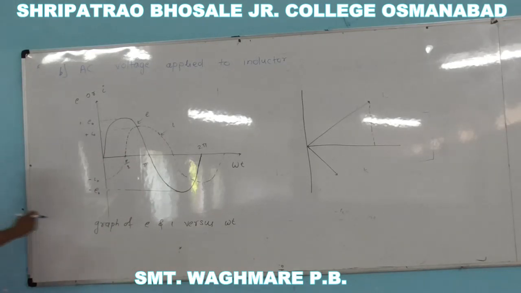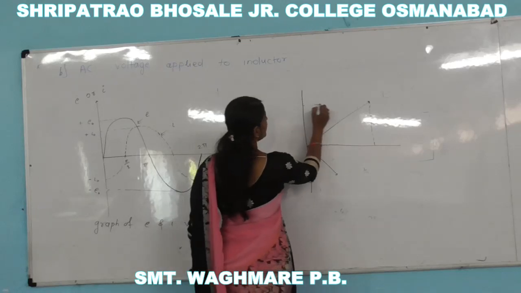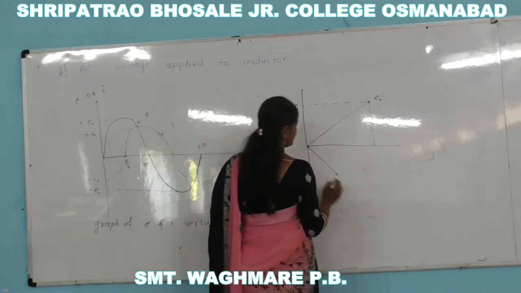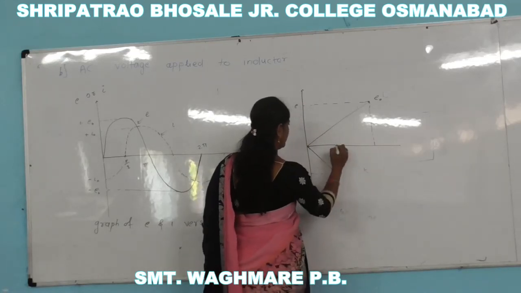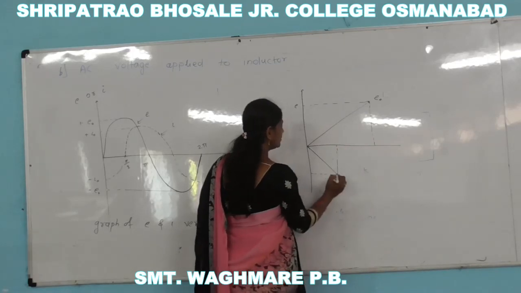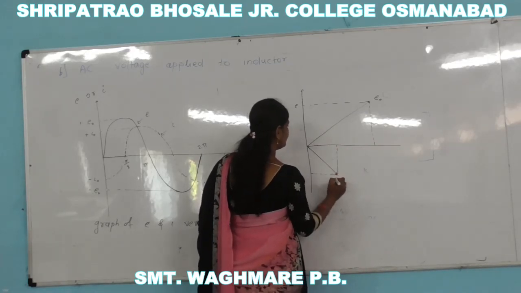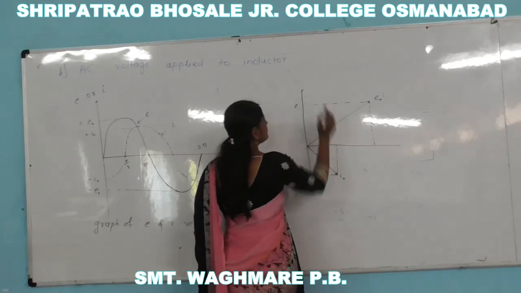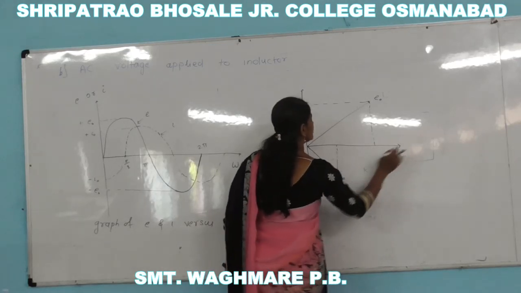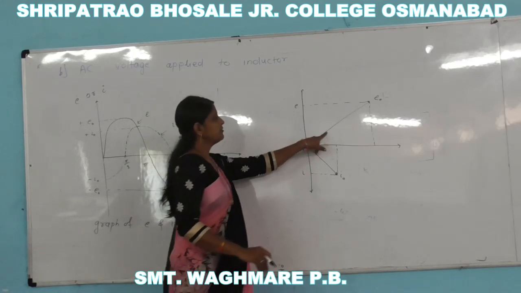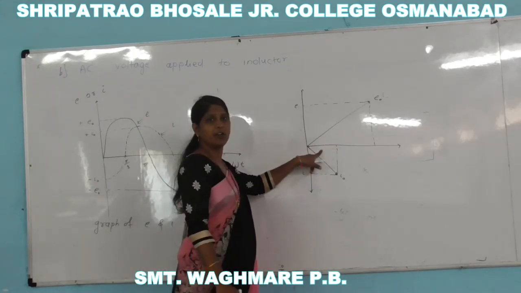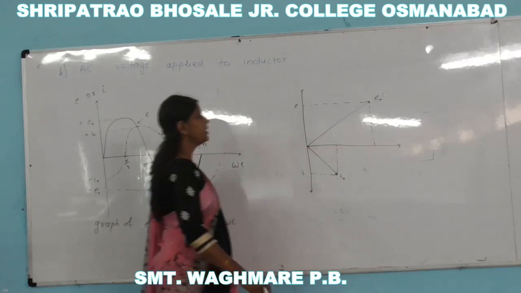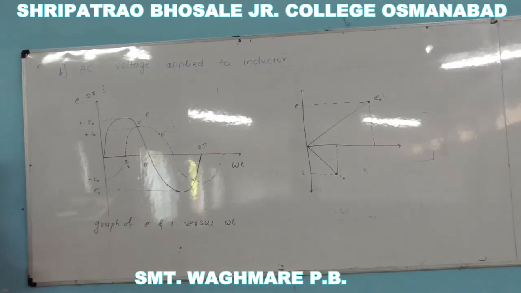Here we can write the E. This is E naught, maximum E naught. This is the phasor diagram of current I. From this graph, we can say that there is a phase angle of pi by 2 between the maximum EMF and maximum current. We can say this is the phasor diagram.